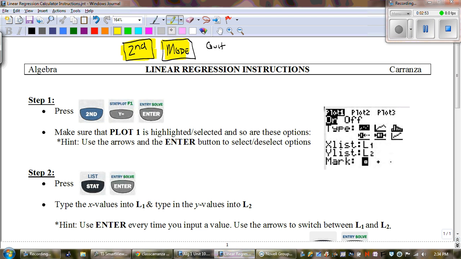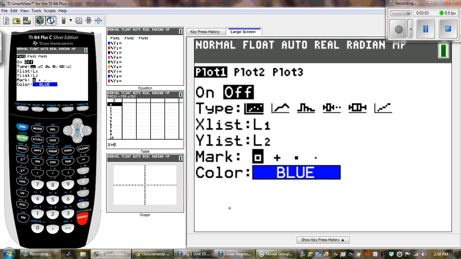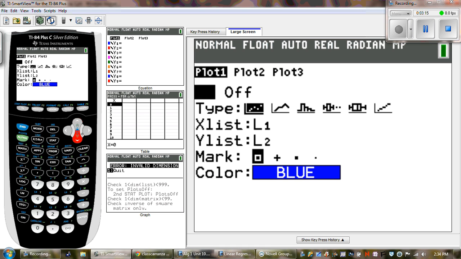I want my screen to be the exact same as the other one. There are 4 things that I need to have highlighted. I need to have plot 1 highlighted, which I do. I need to have on highlighted. And as I'm going up and down, I'm just using the arrow keys in the top right, okay?